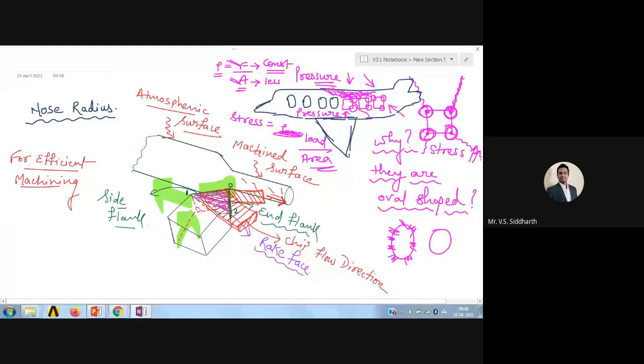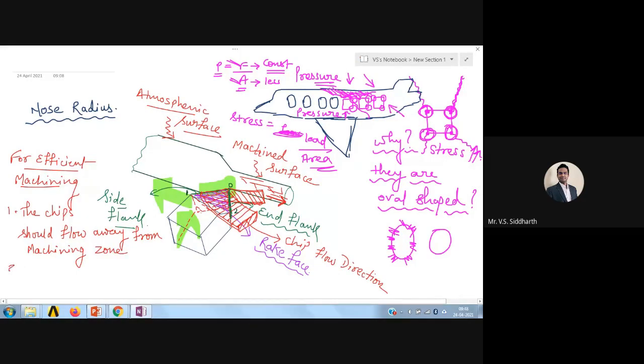And since the chips are very rough, like a saw, they will damage the surface quality. So for efficient machining, my first point is that the chips should flow away from the machining zone.